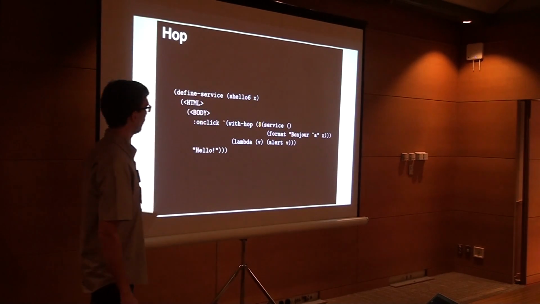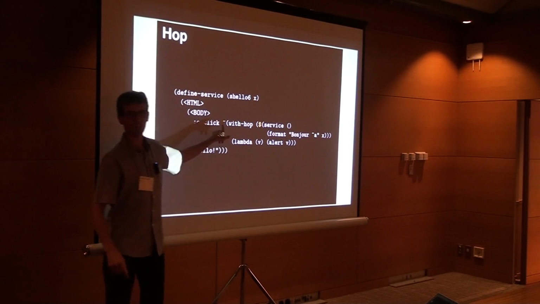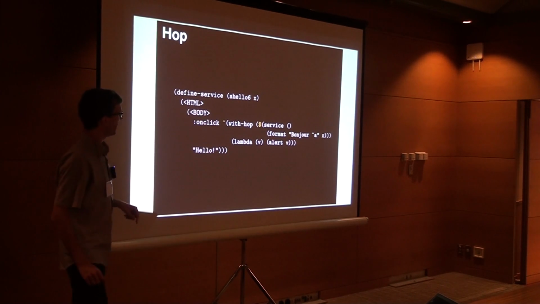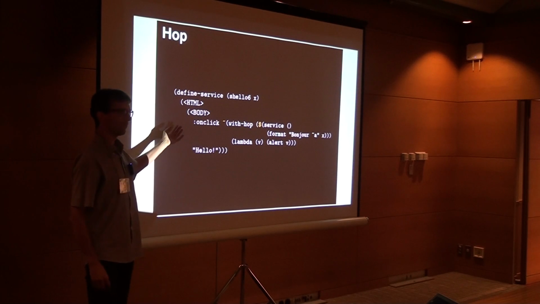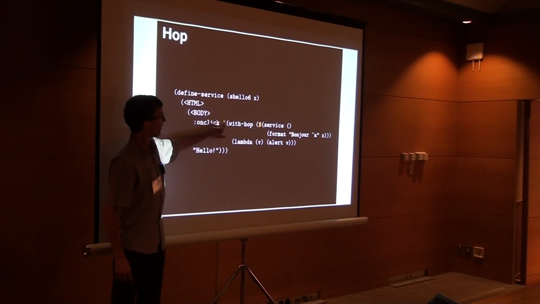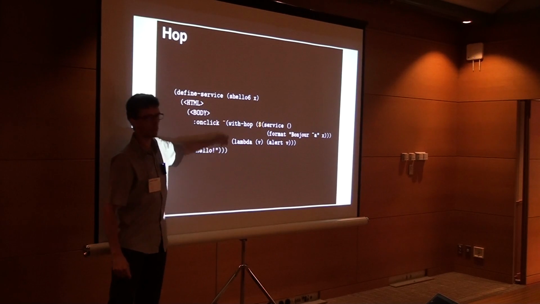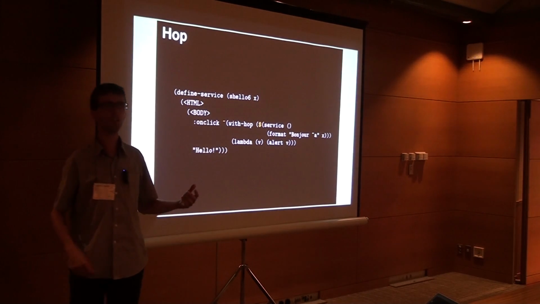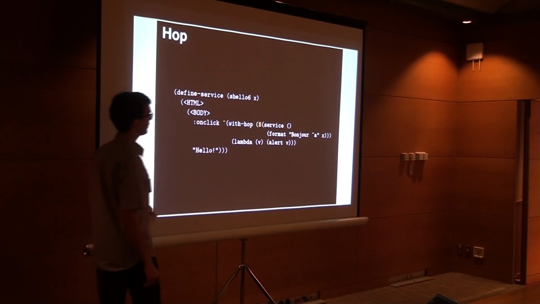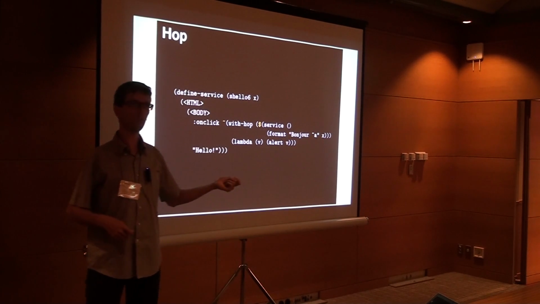Now if we look at Hop, Hop has been influential in finding the right symbols because Hop also uses tilde and dollar. This is an example of the Hop framework where this form says that this is client-side code. So this form here is going to be compiled to JavaScript to be executed in the web browser. And this dollar form here means we are referring to a server-side value.